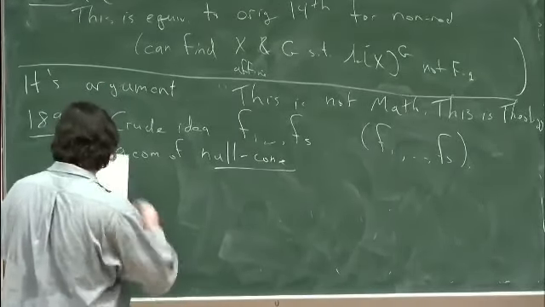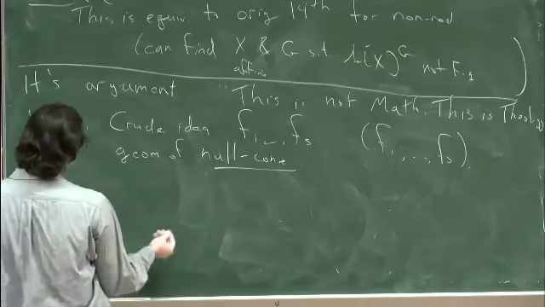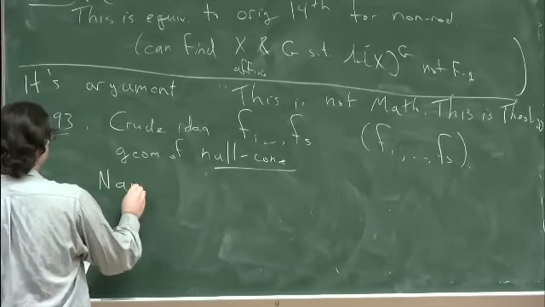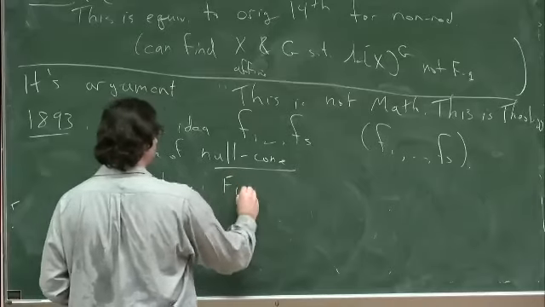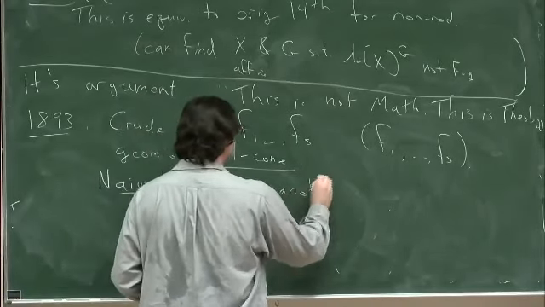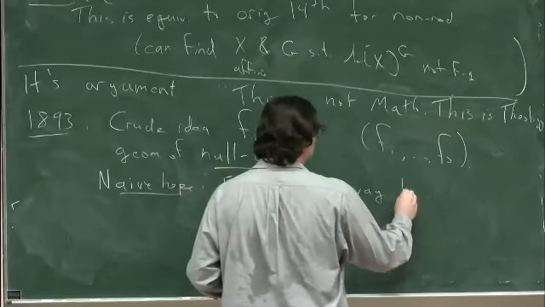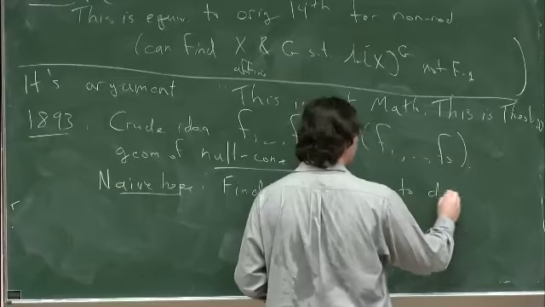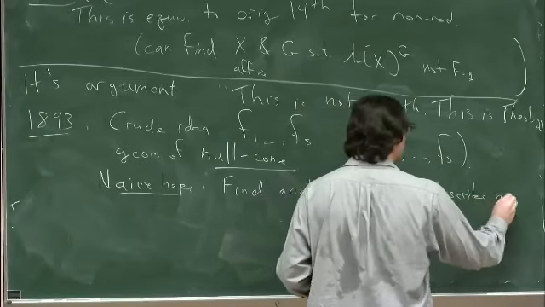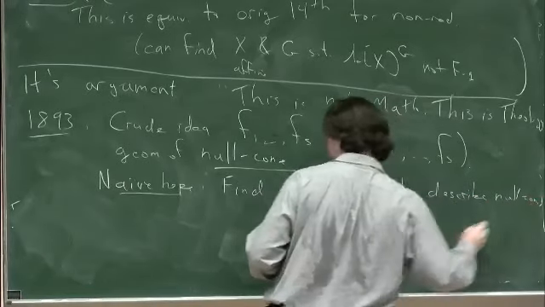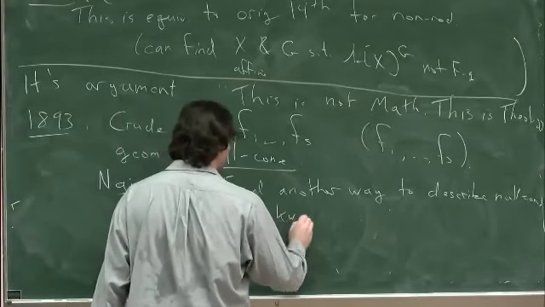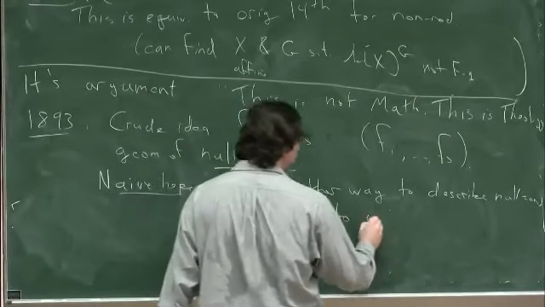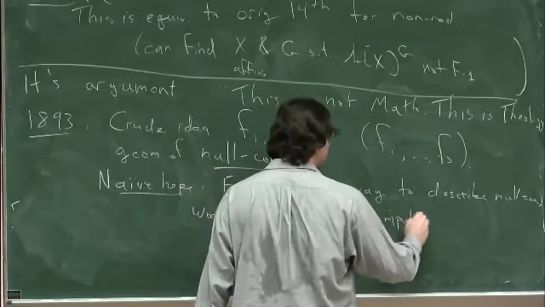So his rough hope, the naive hope, which of course is not true, would be that if you can find another way to describe the null cone, then you can work backwards to compute this ideal and its generators.